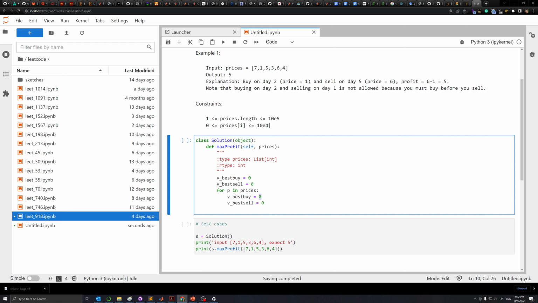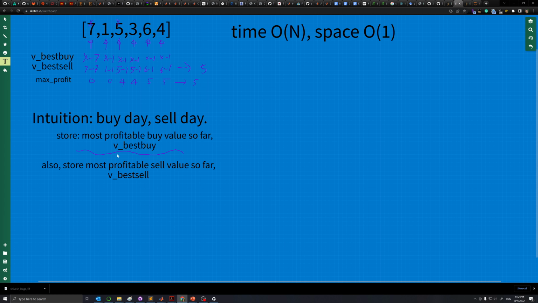And then once we move on to the first one, now we need to update these things. So best buy is going to be the value at this here, but it's going to be like a minus sign. But when we move on, we're going to compare it with the previous best buy value, and we're going to store the largest value.